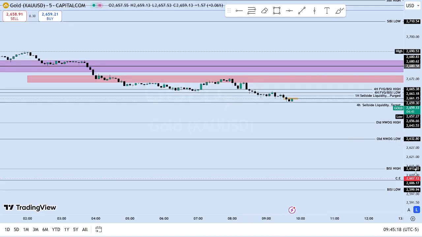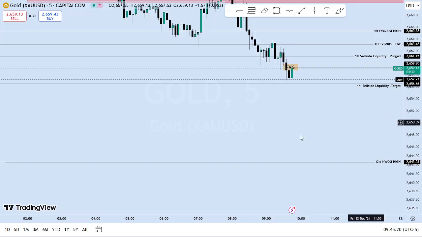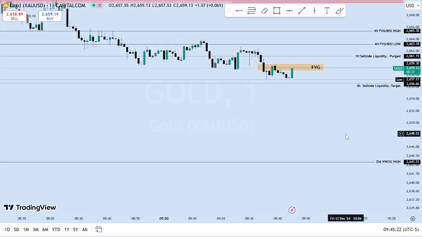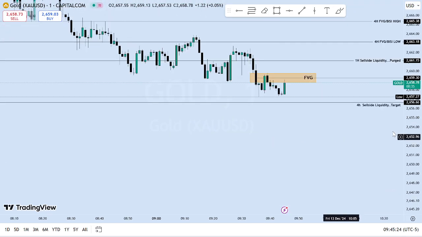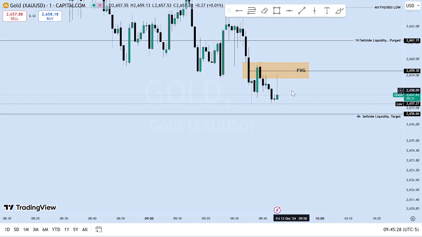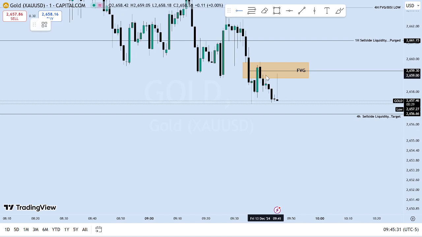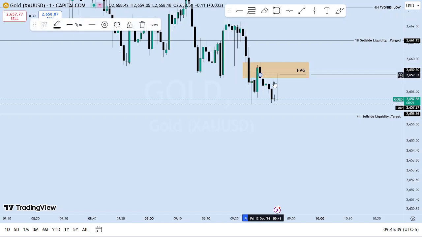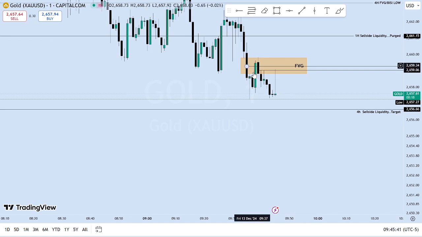Look at the high, the rejection candle. It's a buy side liquidity. Look it out. Order block, 9:30 order block.